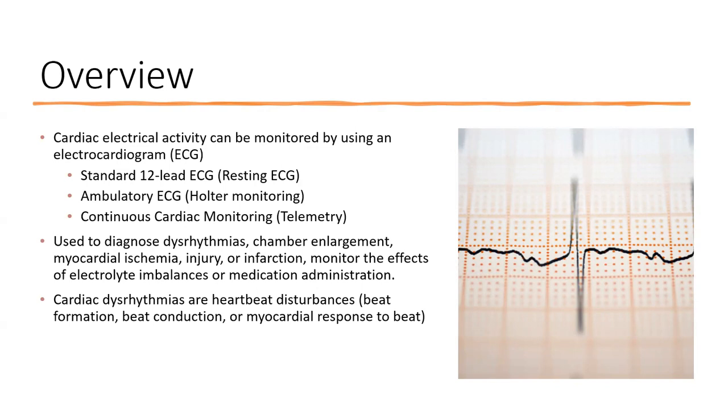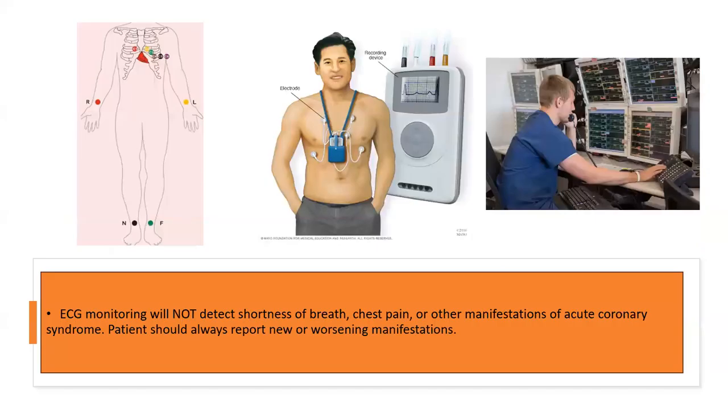Cardiac dysrhythmias are a heartbeat disturbance. It can be in beat formation, beat conduction, or myocardial response to that beat. Electrocardiography uses electrocardiographs to record the electrical activity of the heart over time.